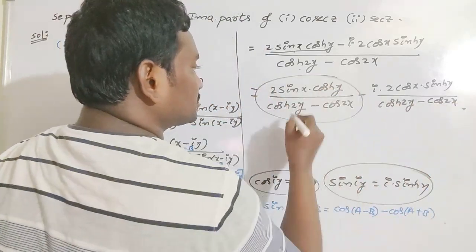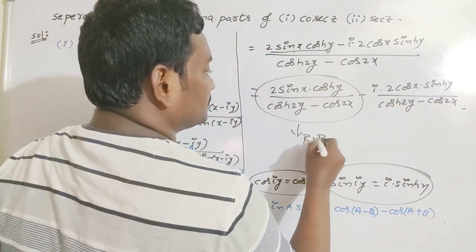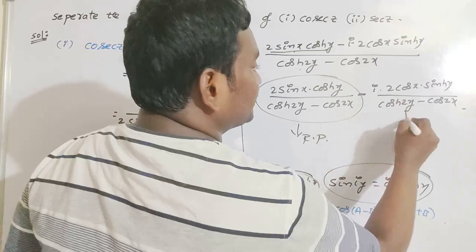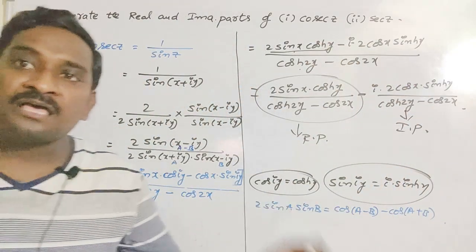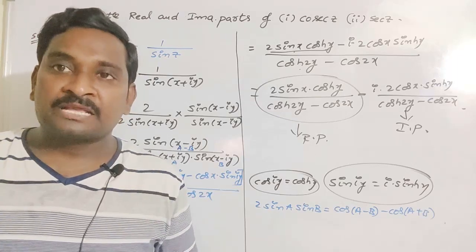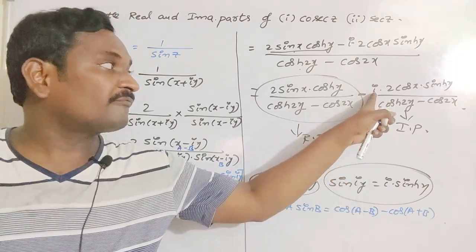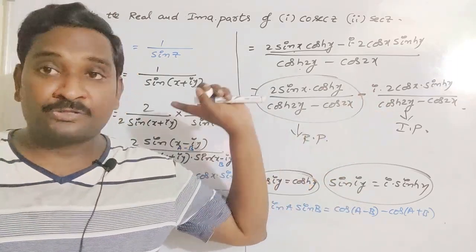So this is called the real part, and including the negative sign this is called the imaginary part. Don't take i in the imaginary part. Imaginary part is nothing but the coefficient of i. Don't forget the negative sign.